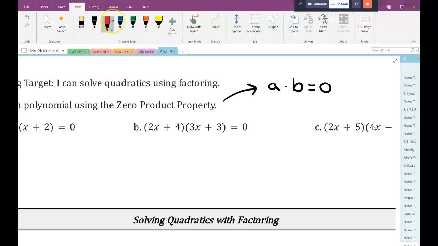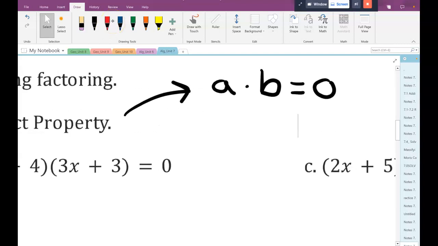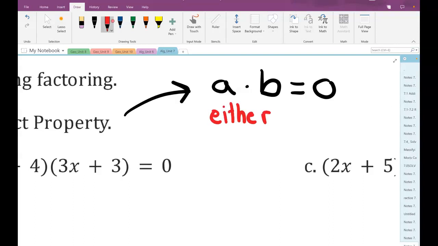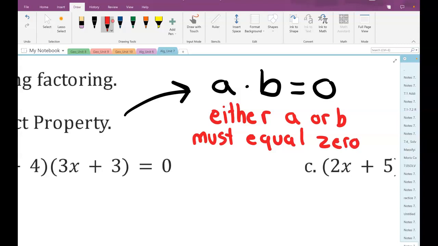The conclusion that we make is that either A or B must equal 0. Because the only way we're multiplying 2 numbers together and we want to get to 0, the only way to do that is if one of the numbers is 0.